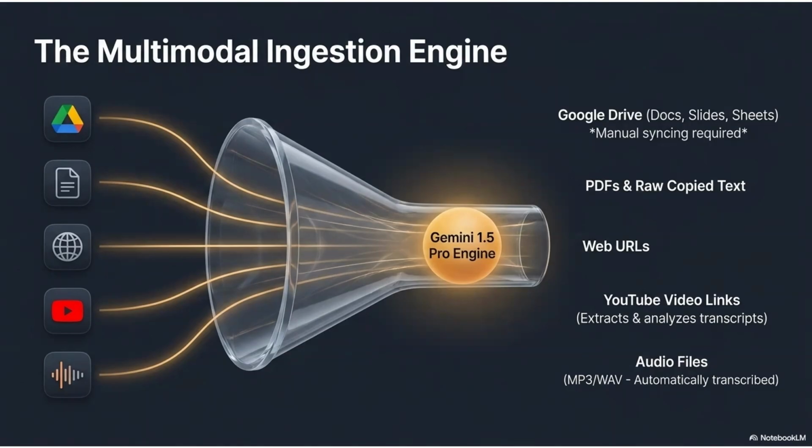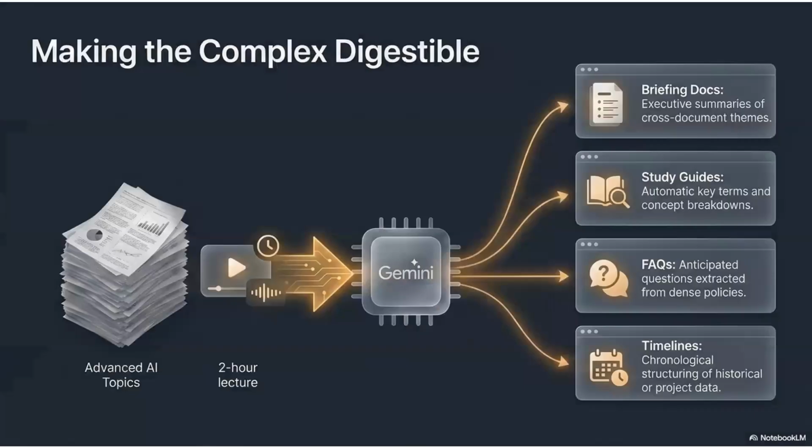We can also put in PDFs and raw copy text, maybe whenever we scribble something onto paper or a page, that also we can upload into the Notebook LM. We can also use the various web URLs that are present, and we can upload YouTube video links and audio files in the form of MP3 and WAV.